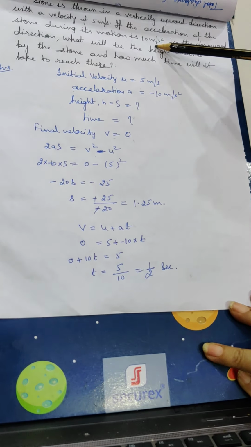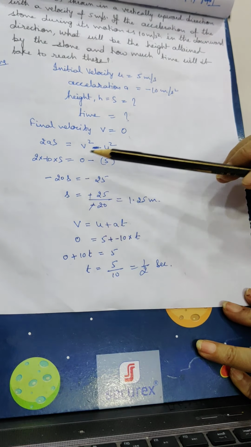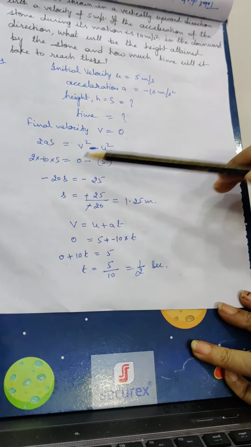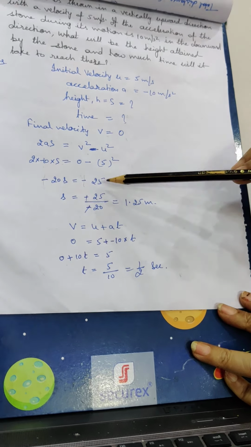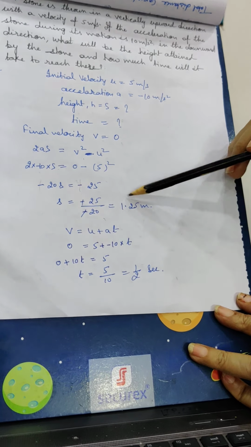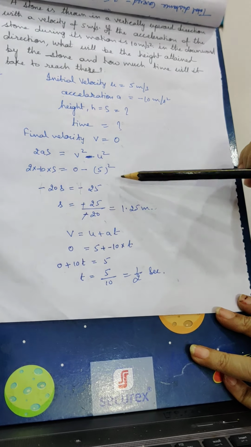Again, since time is not given, we will use the third equation of motion. 2 × (−10) × s = 0 − 5². So minus and minus will cancel. 20s = 25. s = 25 upon 20, that becomes 1.25 meter.